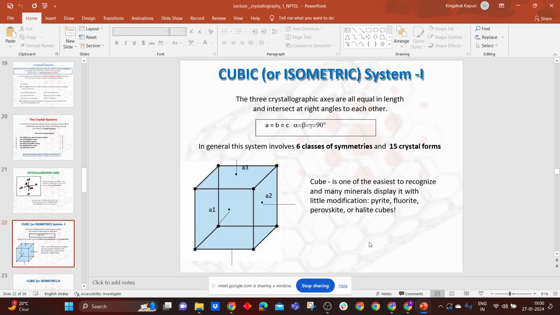There are basically 3 crystallographic axes, A, B and C, and as you can see, the 3 crystallographic axes in case of a cubic or isometric system are all equal in length and intersect each other at right angle. So the A axis, the B axis and the C axis intersect each other at 90 degrees, and they are all equal in length. So this is the general configuration of isometric system, right?